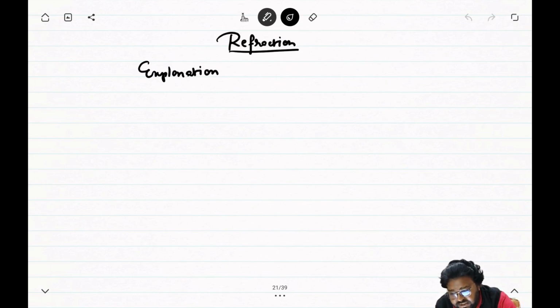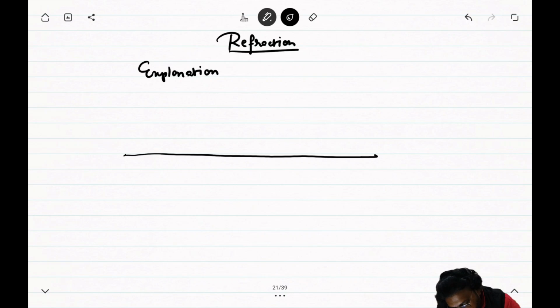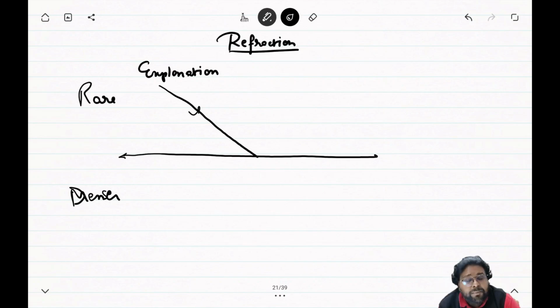So talking about refraction, what is refraction? Refraction is the phenomenon in which light comes from a rare medium, suppose this is a rare medium, this is a denser medium. Now what is rare, what is denser? Suppose we consider air and water. Water seems to be optically denser, heavy.